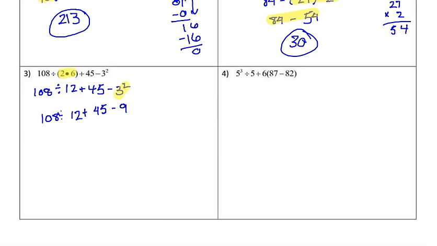Then I have division right here, and that's 9. Then I have this addition here, because I'm done with the multiply and divide. 9 plus 45 is 54. Minus 9. And the last step is 54 minus 9, which is 45.